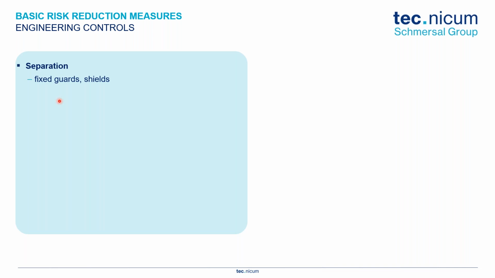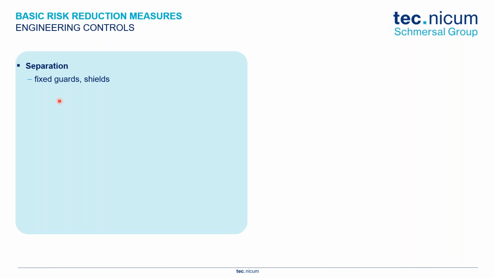Especially if we have an existing machine that's been running for 5 years, 10 years, 15 years. If we can avoid opening up that can of worms, which is either controls and trying to tap these new technologies into these old logic systems, let's see if we can implement safety with this measure first. So let's see if we can add some fixed guards or shields.